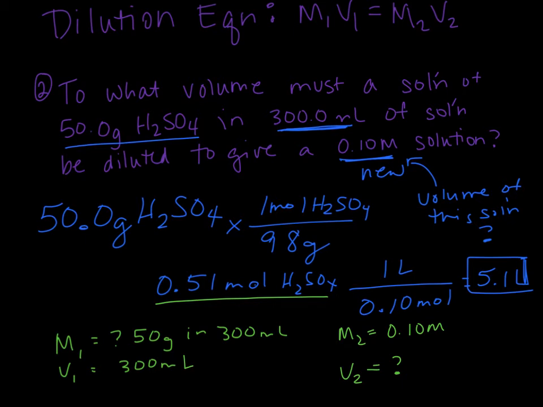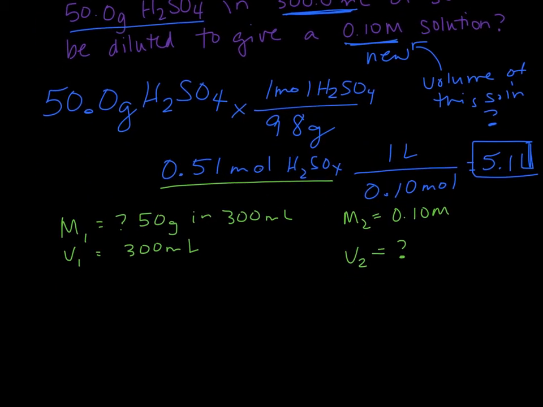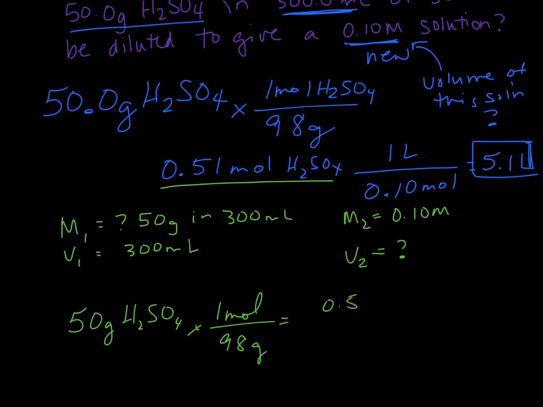Okay, so again, I'm going to find my moles, take 50 grams of sulfuric acid, divide by 98 grams per mole, and that gives me 0.51 moles. I'm going to divide that by 0.3 liters, which will give me 1.7 molarity solution, or 1.7 molar solution.